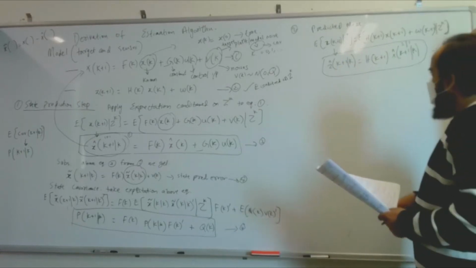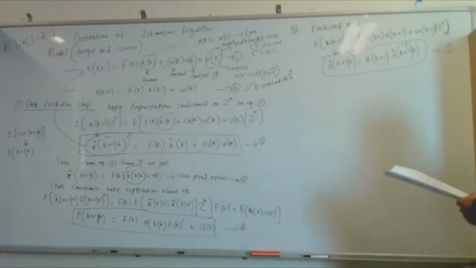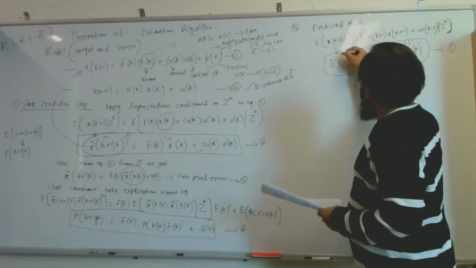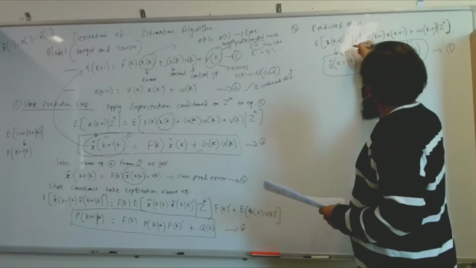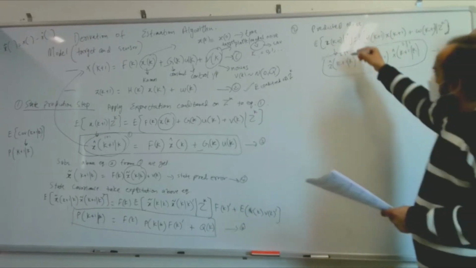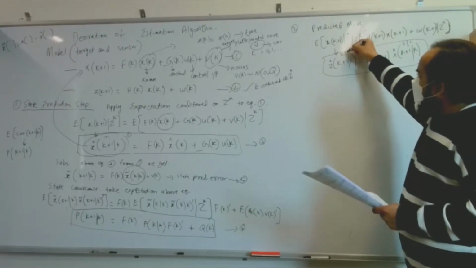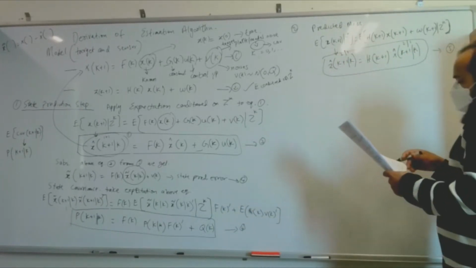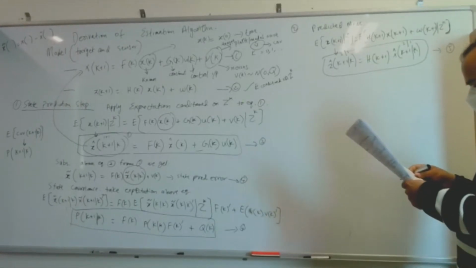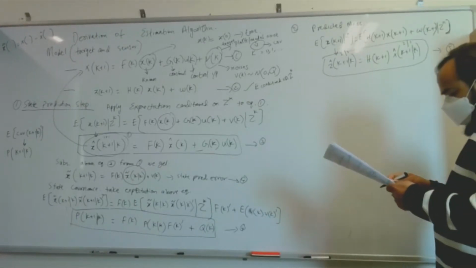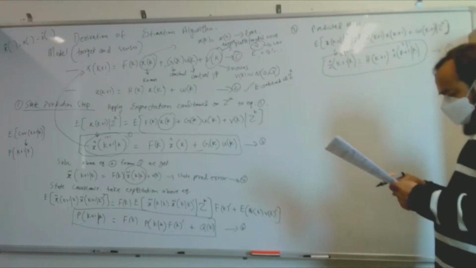Similarly, this is the measurement prediction for 2 conditioned on scan 1. Now it also has the covariance.